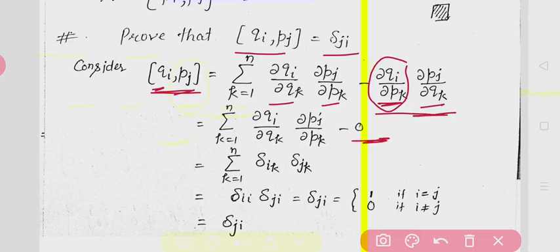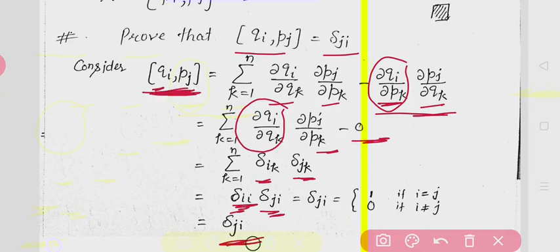Here you can check that when I write the value of k as i, this will be 1, otherwise zero. So I can write delta ik, and when I write the value of k as j, this will be 1, otherwise zero. I write this as delta jk, where delta is the Kronecker delta. So I put k equal to i. When I put k equal to i, that will be delta ii, delta ji. But delta ii will be 1, so only delta ji is left. So the Poisson bracket of qi and pj will always be delta ji.